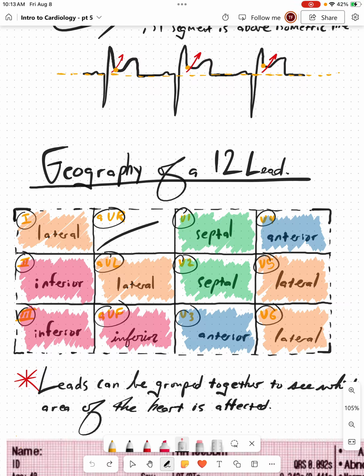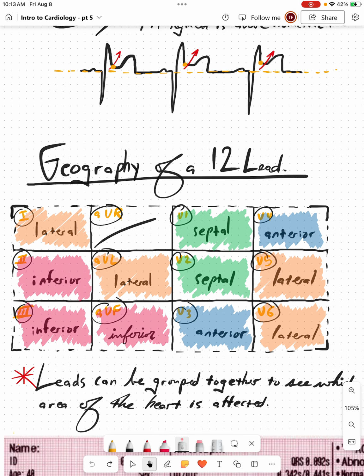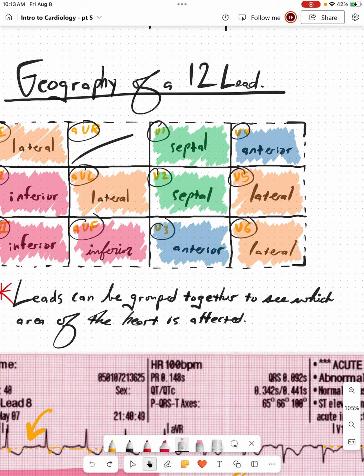AVL is going to represent the lateral portion. AVF, inferior. V1, septal. V2, septal. V3, anterior, so on down the line: anterior, lateral, and lateral. These leads can be grouped together to see which area of the heart is affected.